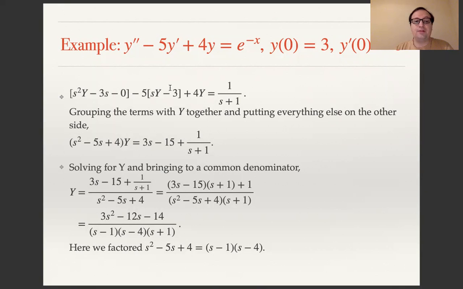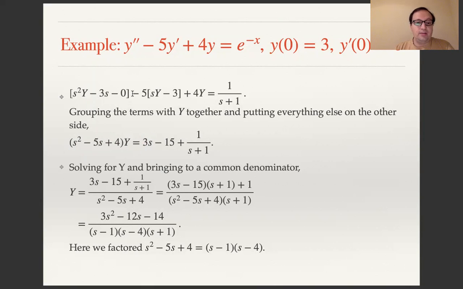So we have 3 terms containing capital Y. We have s squared capital Y, and then we have minus 5s capital Y, and then plus 4 capital Y. And so we group them and we factor capital Y, and we get s squared minus 5s plus 4 times capital Y. And on the other side, we have minus 3s, when it goes to the other side, it becomes 3s.